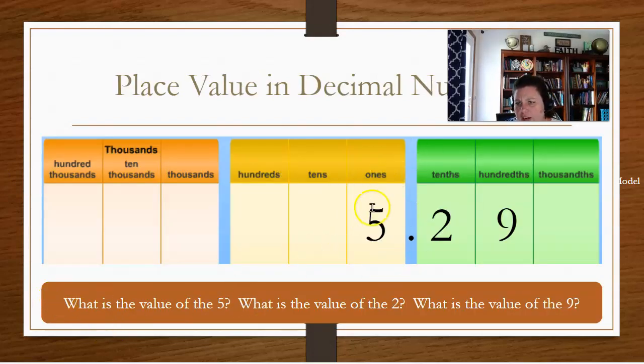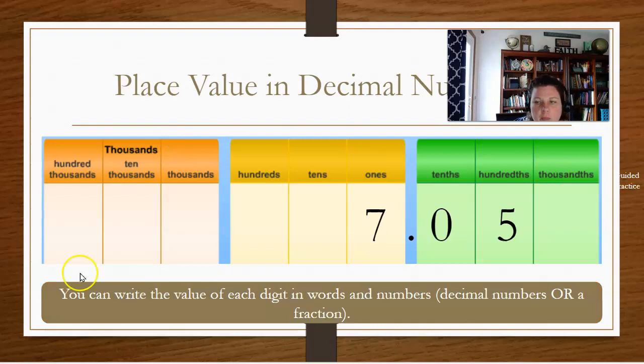What is the value of the 5? 5 ones. What is the value of the 2? 2 tenths. What is the value of the 9? 9 hundredths. Can you write the value of each digit in words and numbers, decimal numbers or fractions?